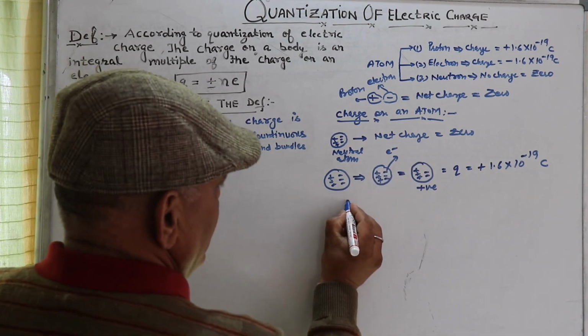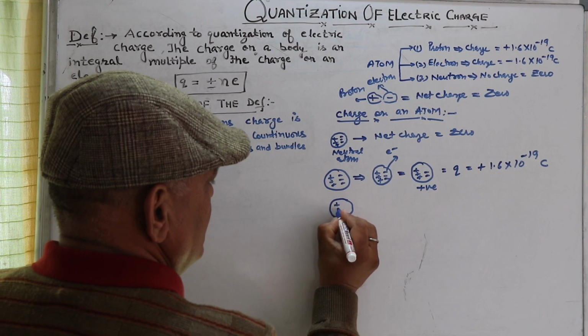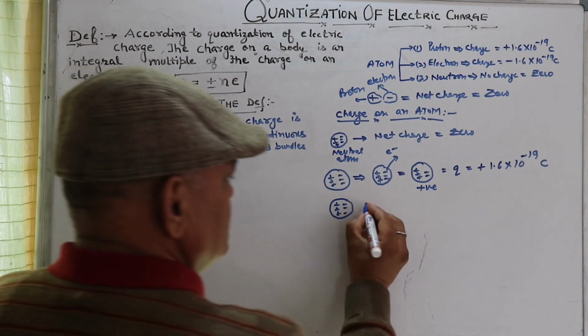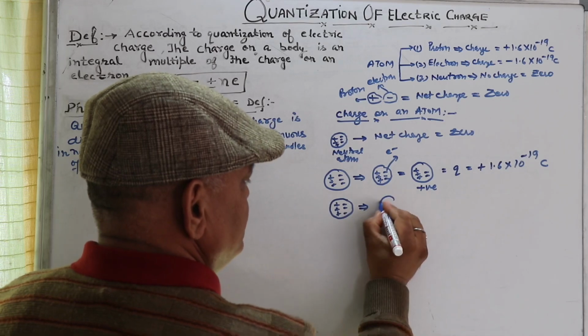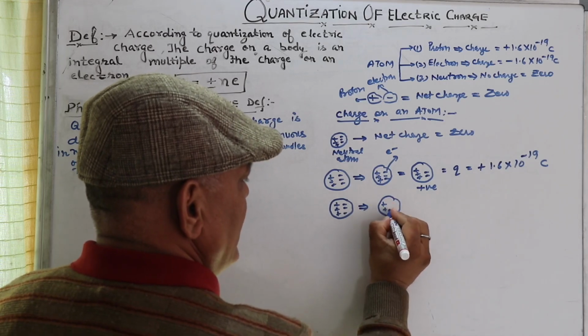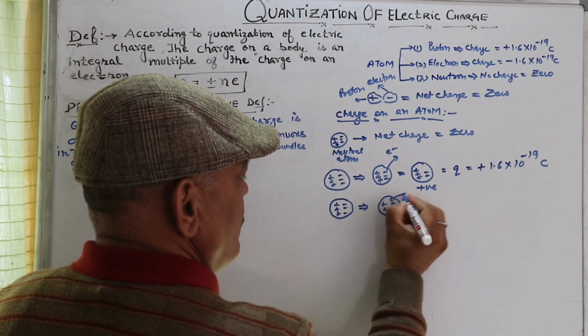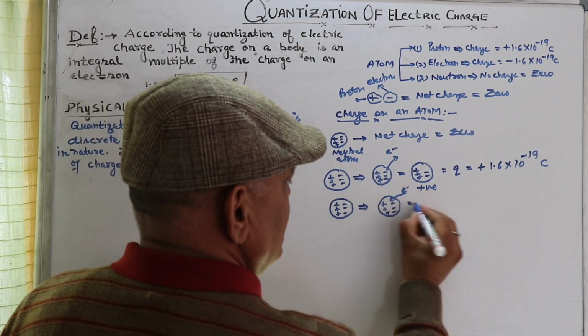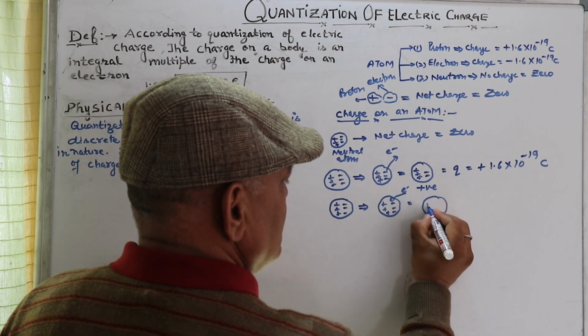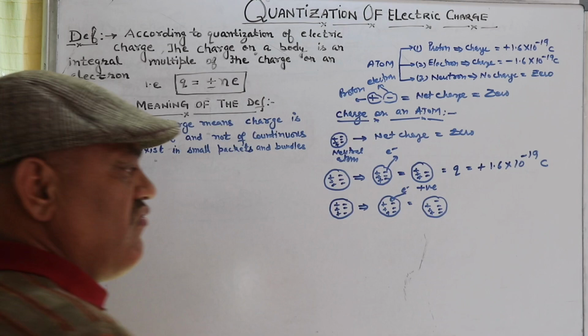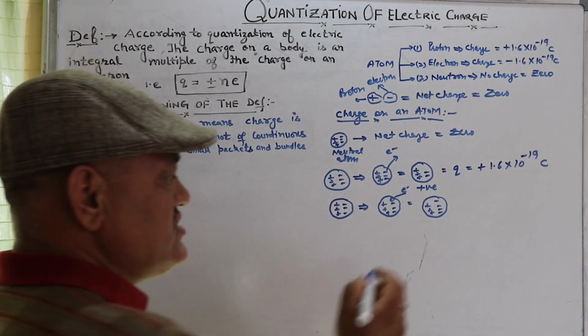Similarly, when this neutral atom gains one electron, now it has 4 electrons and 3 protons.